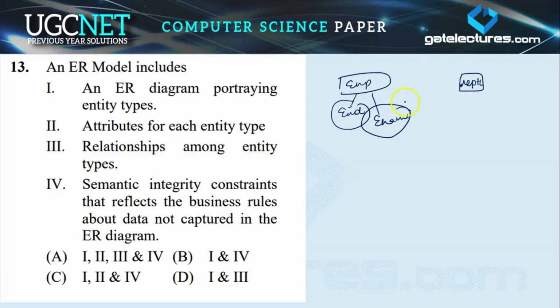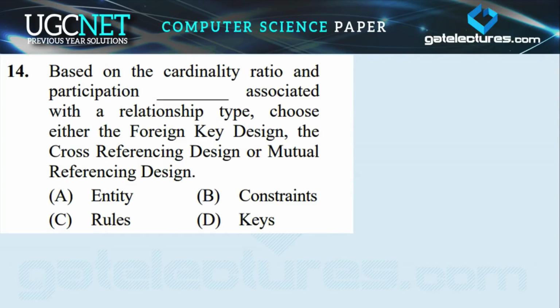Represent relationships among entity types, relationships like works for are also included by ER diagrams, and all kinds of integrity constraints, we have already discussed that, reflecting the business rules about data not captured in the ER diagrams. So this is also true. So option number A is the right one.